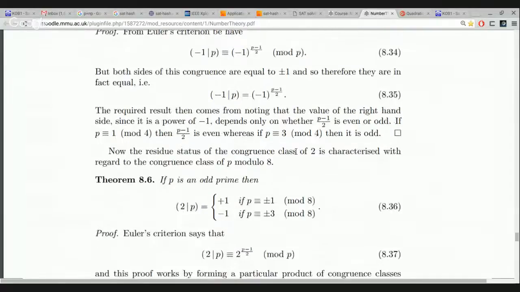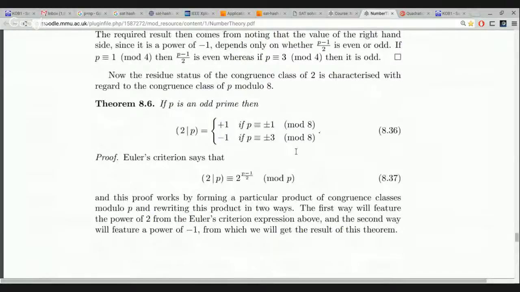Based on Euler's criterion, a slightly longer proof was required for establishing this result, which we did last time, which is a similar result for 2. So when is 2 a quadratic residue? When is it not? This is based on the status of p modulo 8.